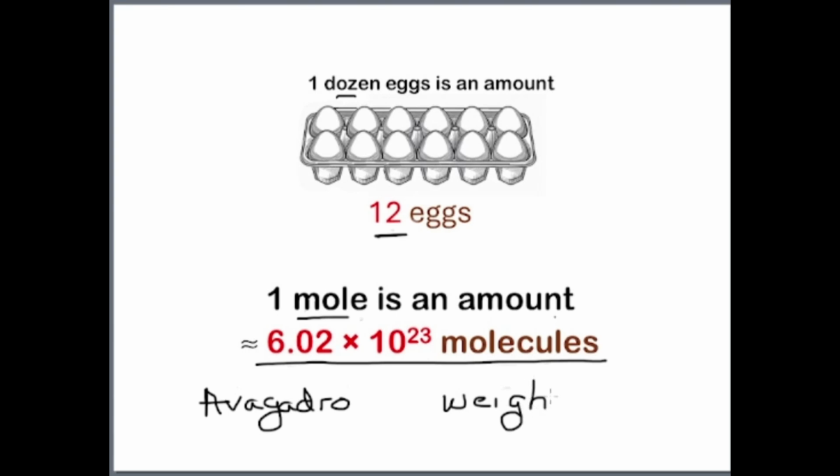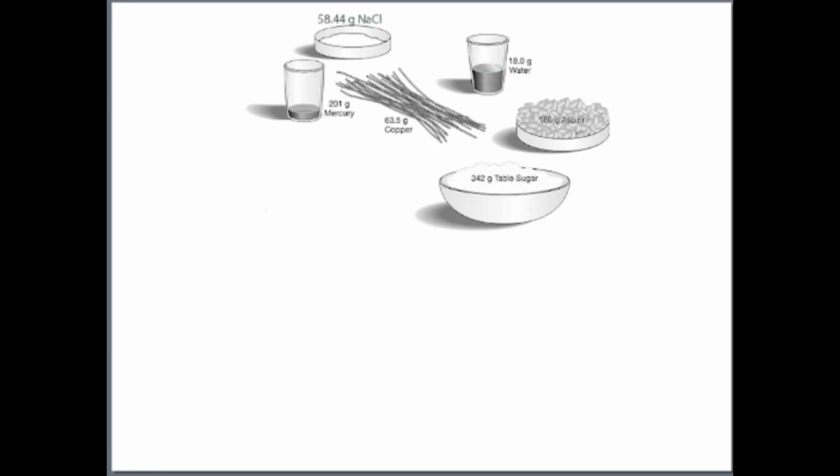So let's talk about weight in terms of molarity. It turns out that for any substance, there is a particular weight or mass associated with Avogadro's number. Let's look at sodium chloride, table salt, NaCl. If you take 6.02 times 10 to the 23rd molecules of NaCl, its mass is roughly 58.44 grams.